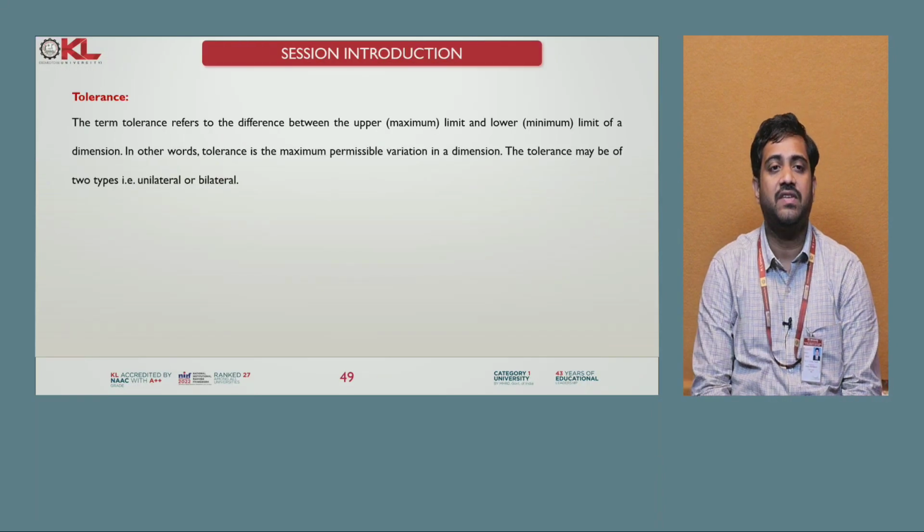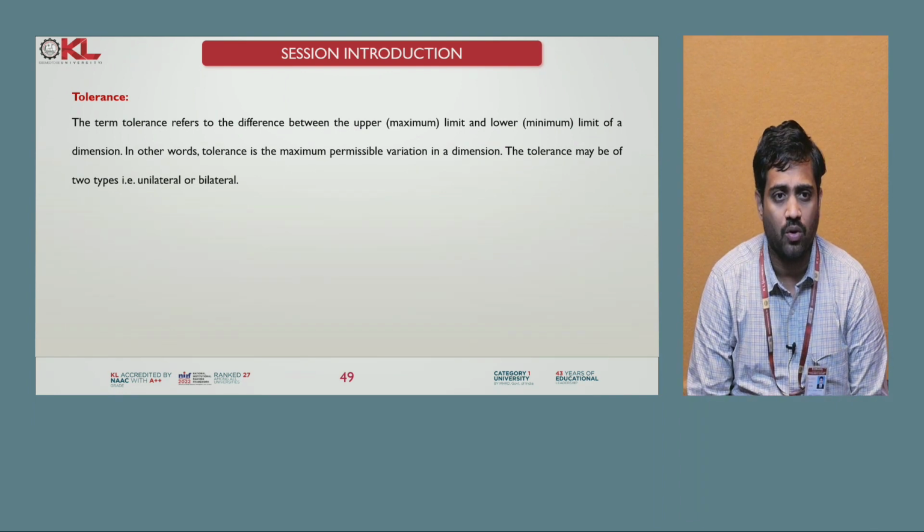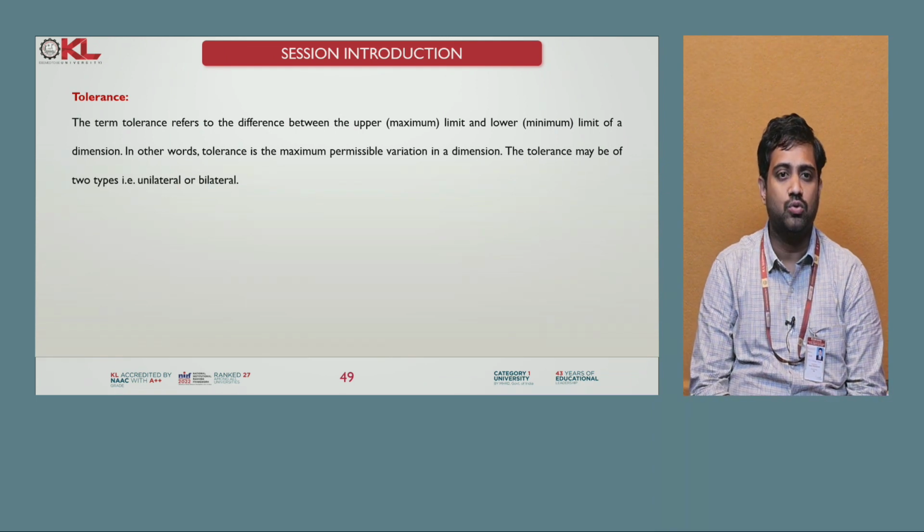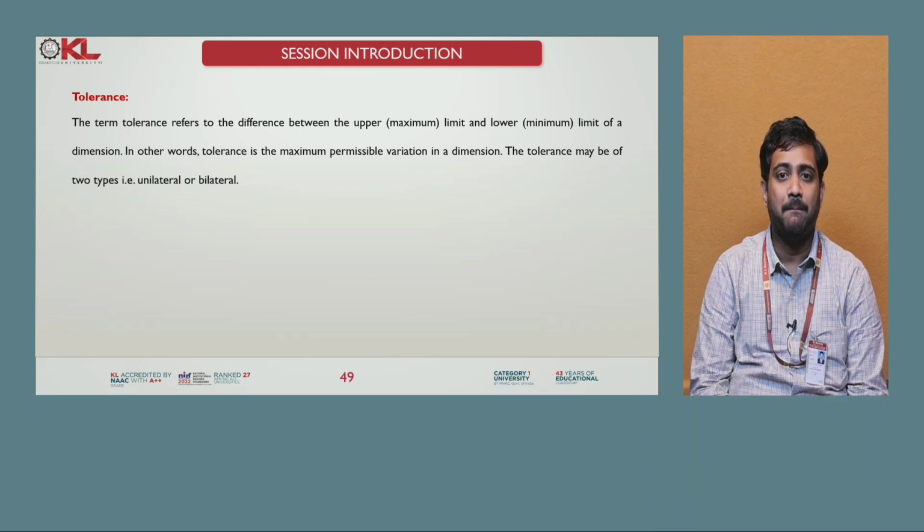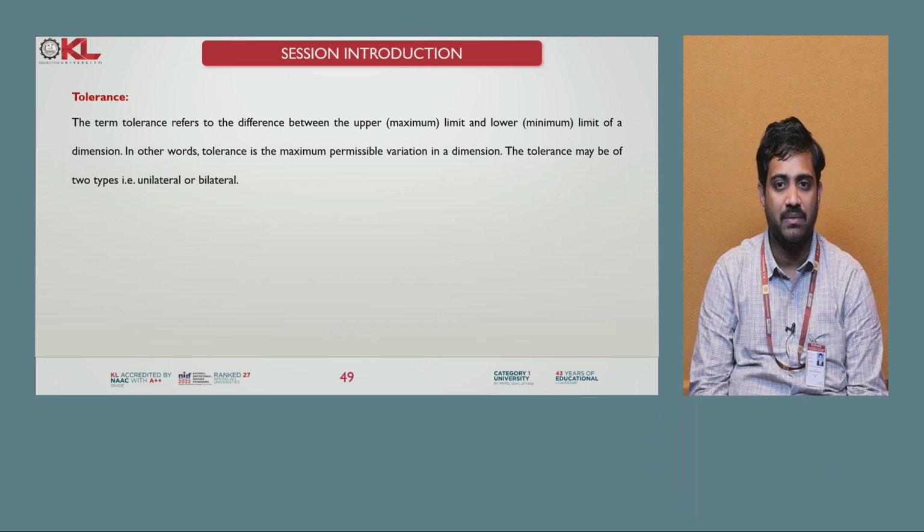First I'll start with the definition of a tolerance. I already gave a small glimpse about tolerance in the previous session. The term tolerance refers to the difference between the maximum limit and the minimum limit of a dimension of a given part. In other words, the tolerance is the maximum permissible variation in a dimension.